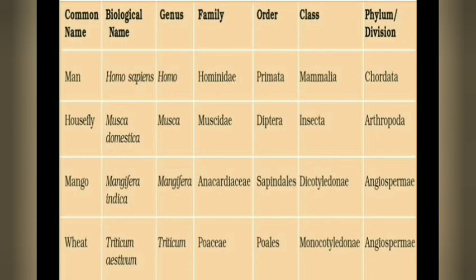Third one mango, Mangifera indica, genus Mangifera, family Anacardiaceae, order Sapindales, class Dicotyledonae, and here we'll mention division since it is plants, Angiospermae. Wheat, Triticum aestivum, Triticum is the genus name, family name Poaceae, order Poales, class Monocotyledonae, and division Angiospermae. So from this any one plant and one animal example you have to study by heart, all the categories.